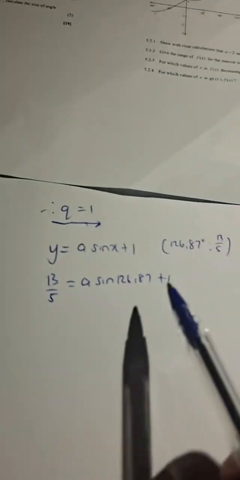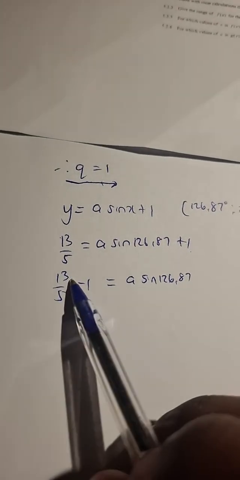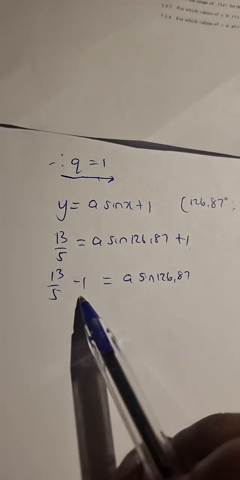So that means y is 13/5. a we don't know. Sine of 126,87 is there, plus 1. Take the 1 over. 13/5 minus 1 is equal to a times sine 126,87. So here, this 13/5 minus 1 will give us what? 8/5.